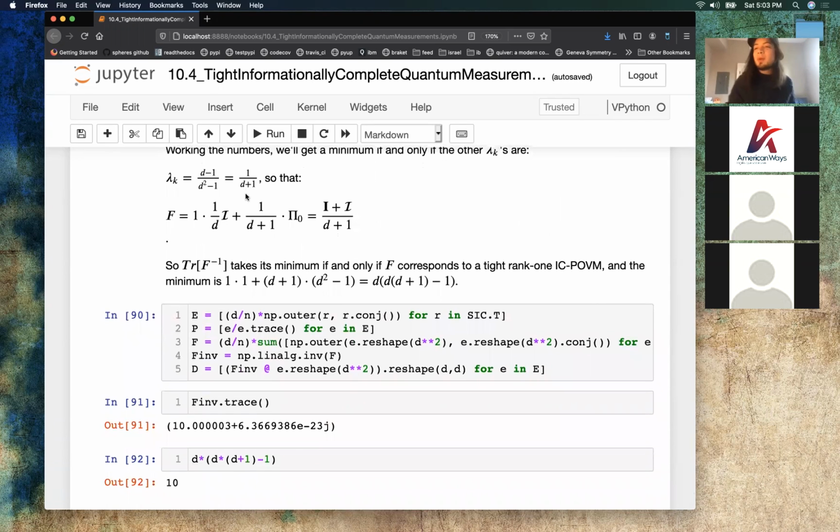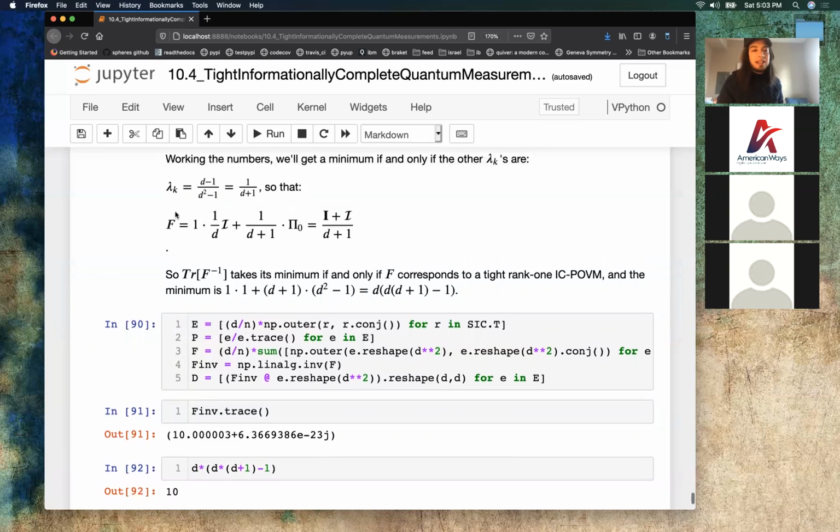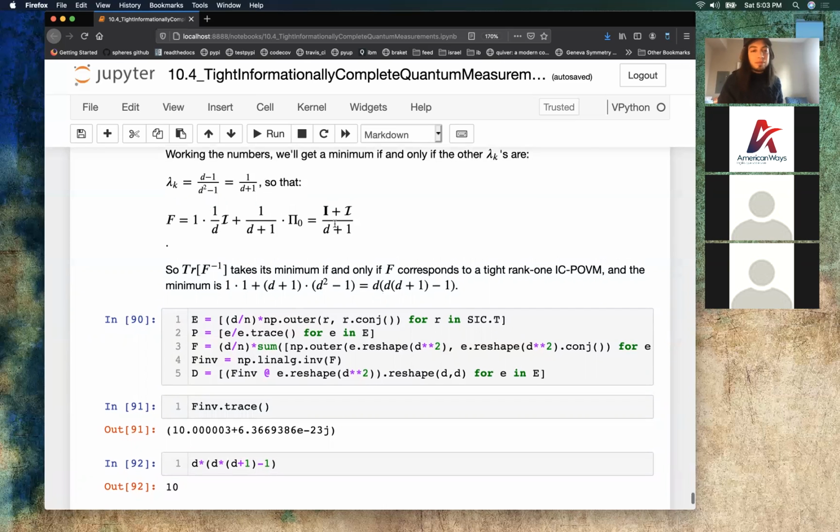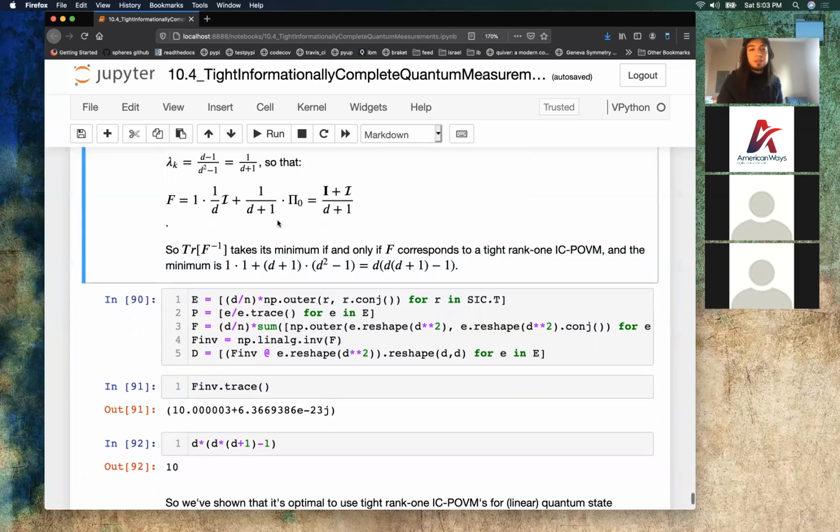And indeed, when we were talking about the Gram matrix of a SEQ, we said it's a circulant matrix. The eigenvalues are basically the same as the elements in a row. And what are the famous SEQ traces but 1 over d plus 1. And indeed, this fits with our fancy decomposition of F for a tight informationally complete POVM, where this is just the case of eigenvalue 1, and this is the case of the other eigenvalues.